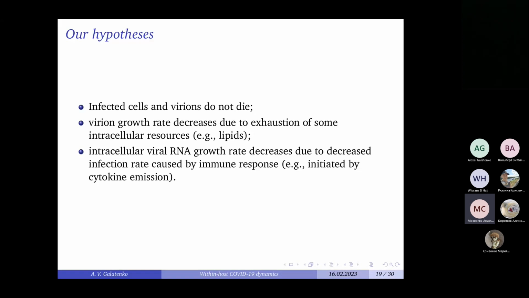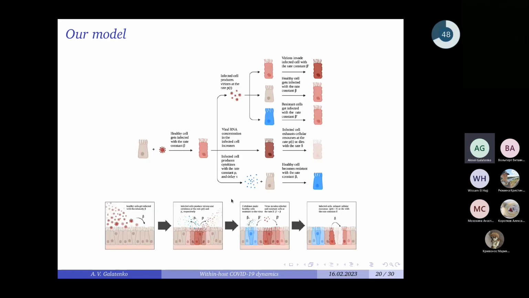Because there is no exhaustion of uninfected cells. Exactly. The infected cell gets exhausted and is no longer able to produce viruses. So the production rate drops. So the infected cells in your models do not produce viruses all the time. Yeah, and this function P of t after some time becomes equal to 0.